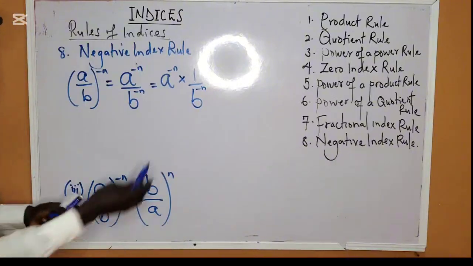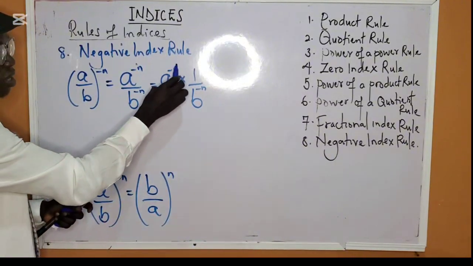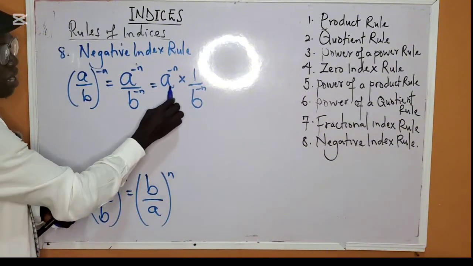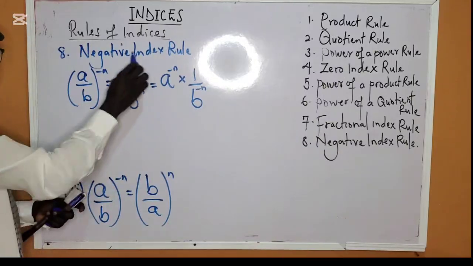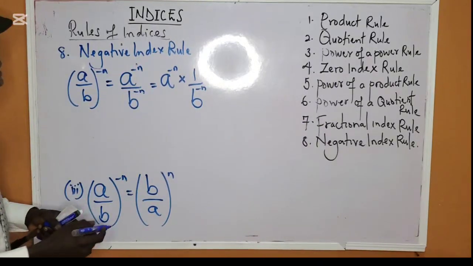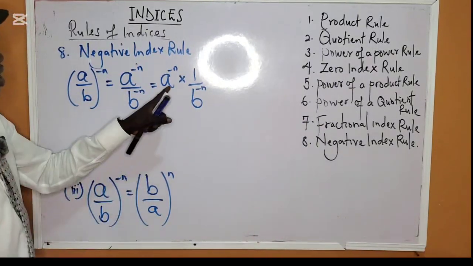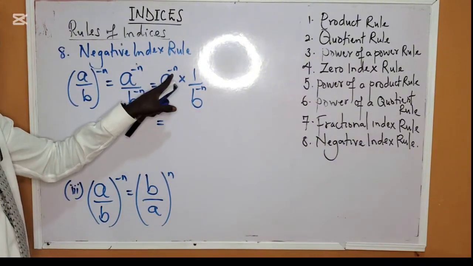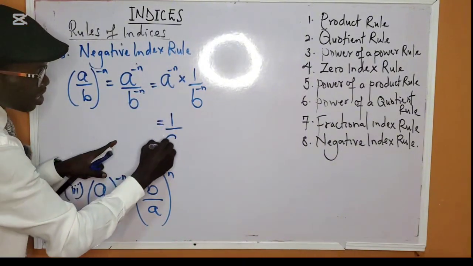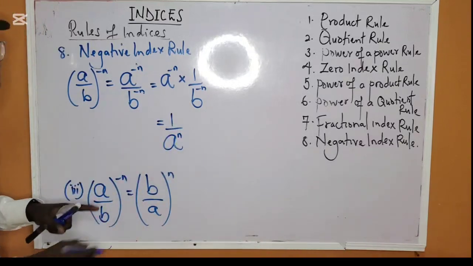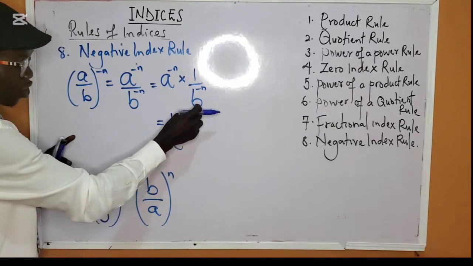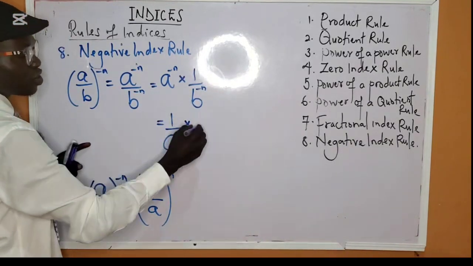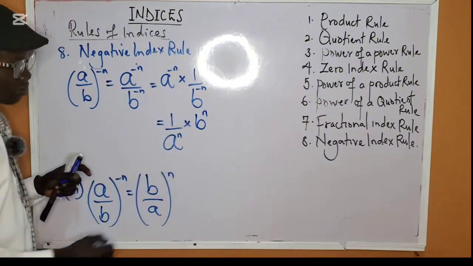It's still the same thing, because if I multiply this by a multiplied by 1, I'll still have this initial fraction. So what to do now is, I want to use the negative index law to change this to a positive power. That will be 1 over a raised to the power n, right? Multiplied by the second law that I wrote. So if I take this up, it's going to be b raised to the power of n.